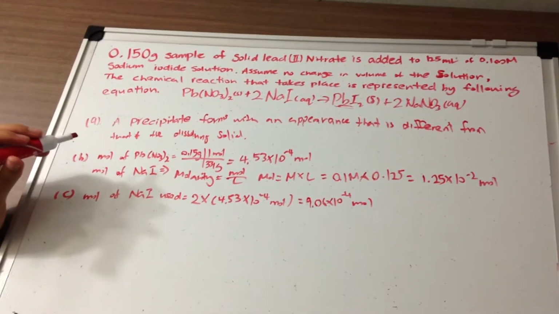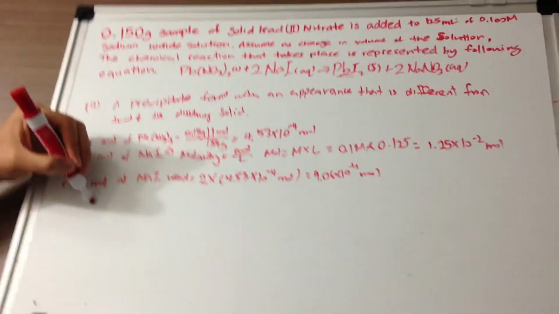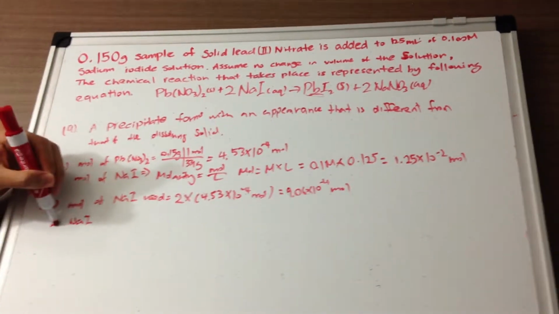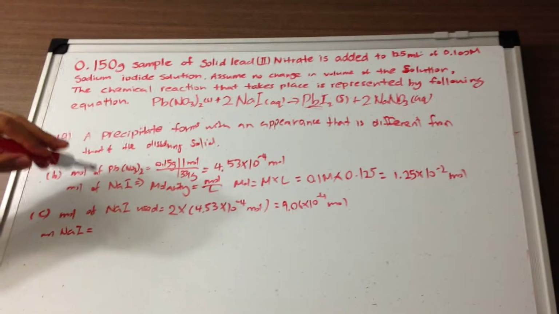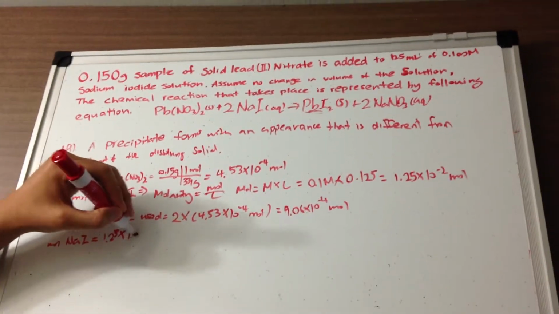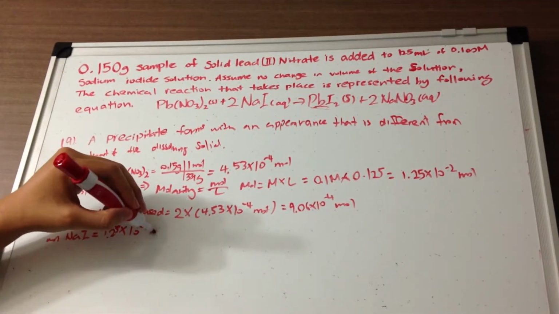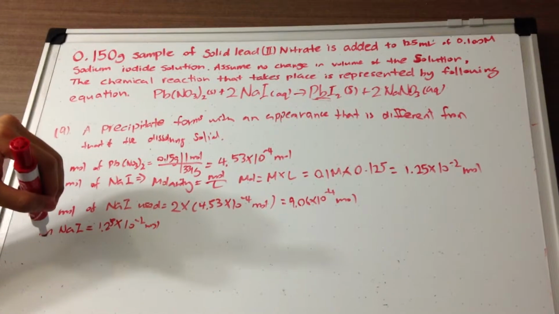And as you figured out from B, we have the moles of NaI is 1.25 times 10 to the negative 2 mole. So you can see that NaI is in excess.